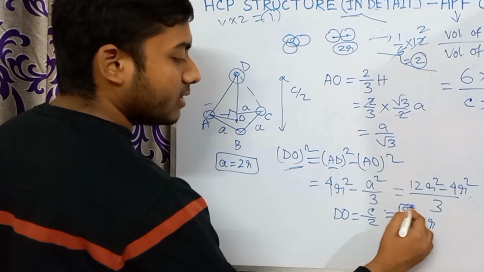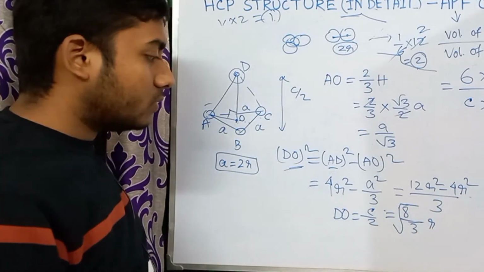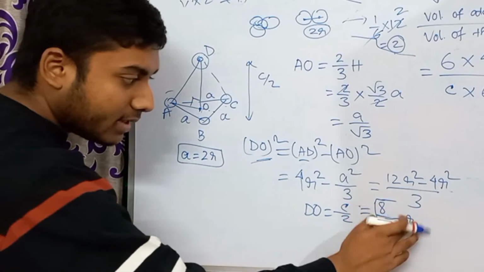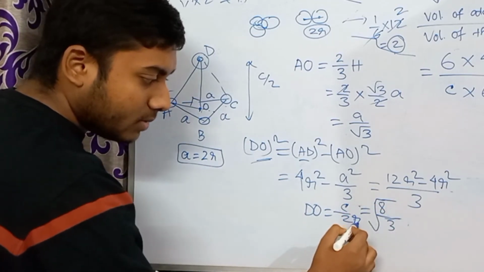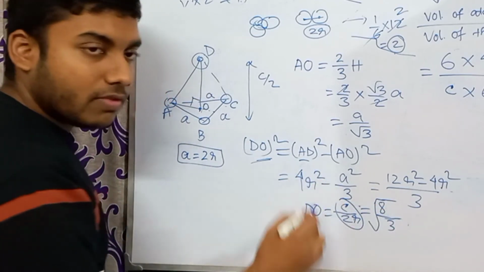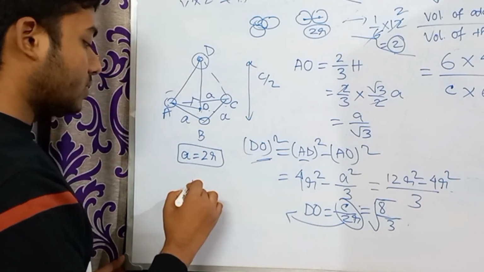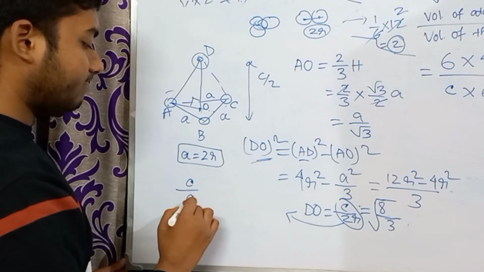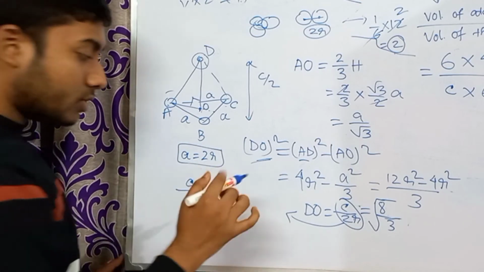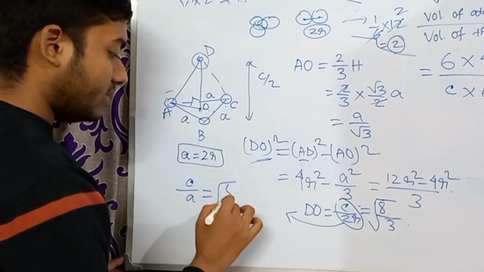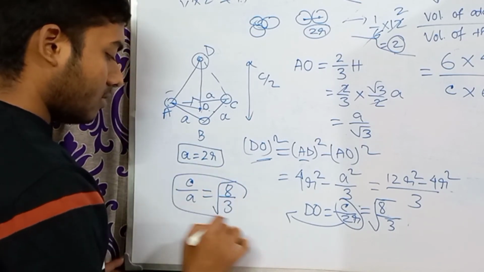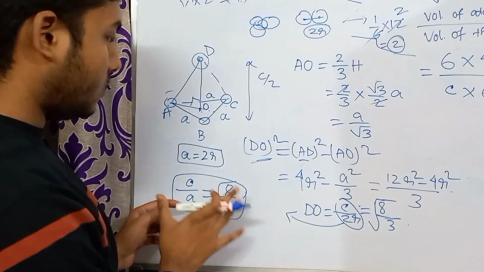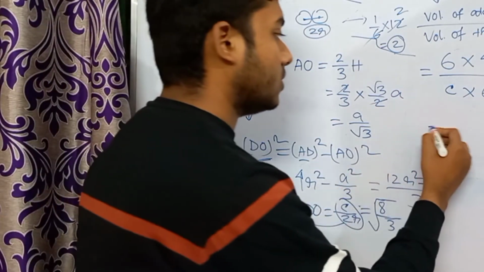If we take this r to this side, this will be c by 2r, and c by 2r is just c by a. So c by a is equal to root over 8 by 3. Okay, so this is our one concept.